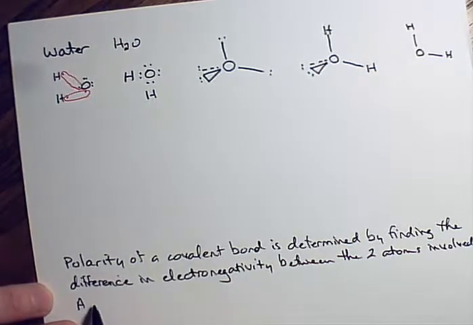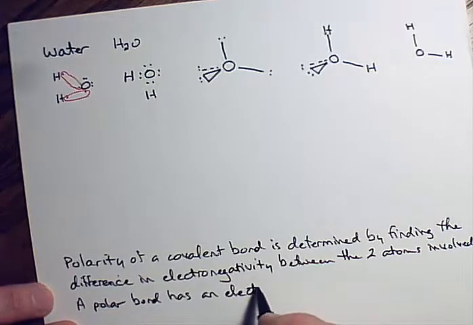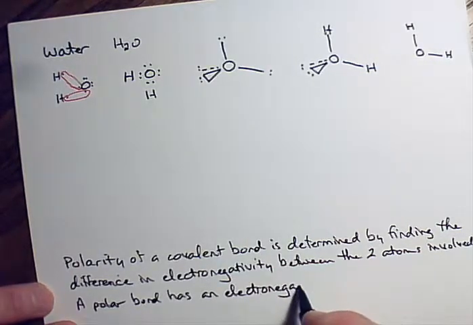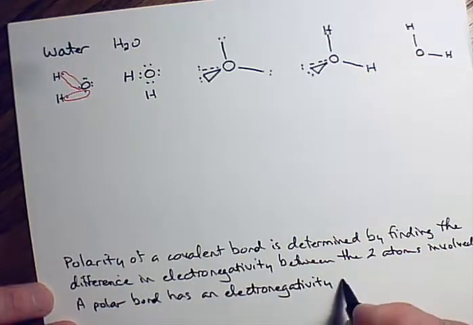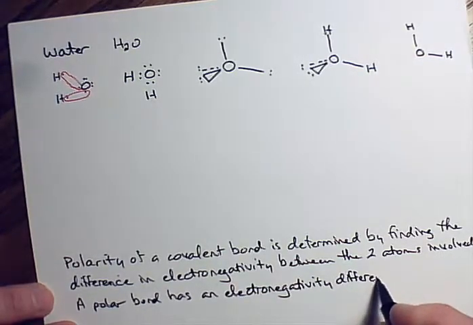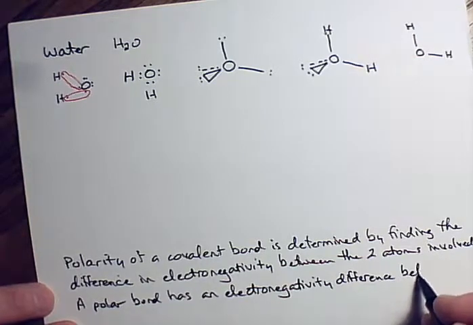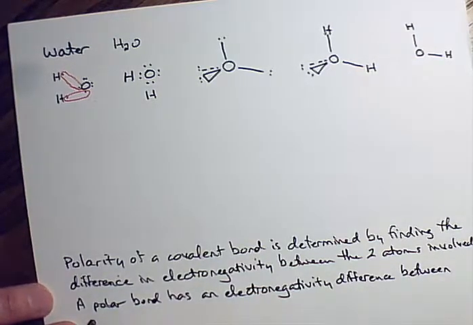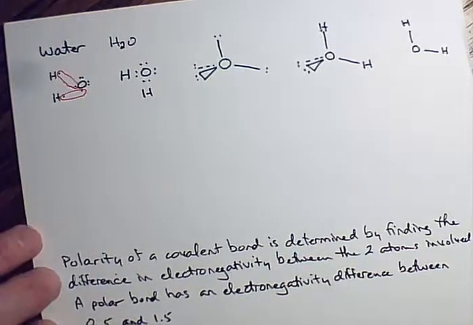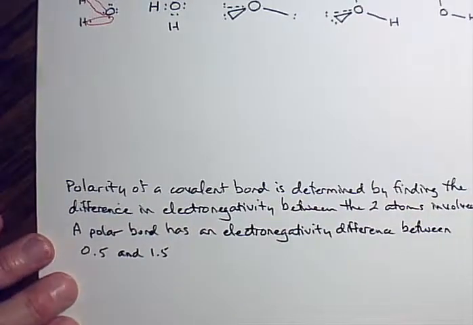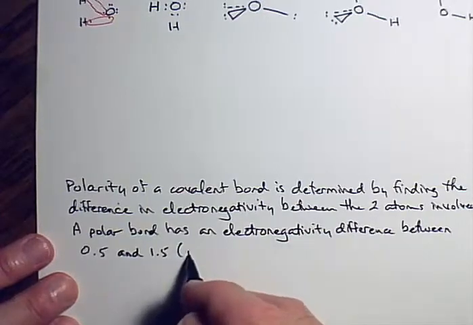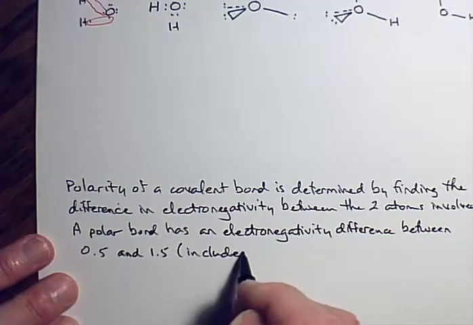Well, a polar bond has an electronegativity difference between 0.5 and 1.5. And let's say instead of between, it also includes those amounts.